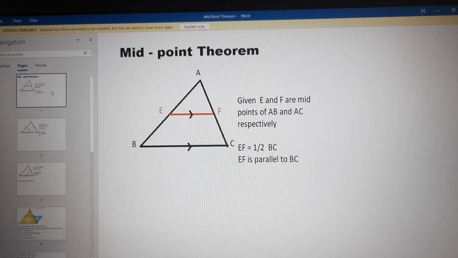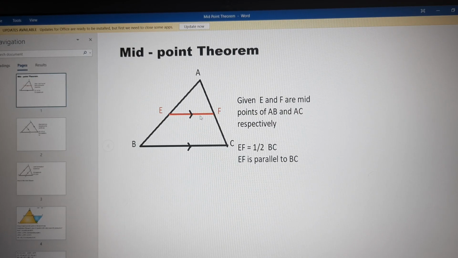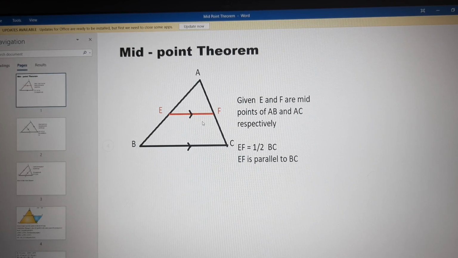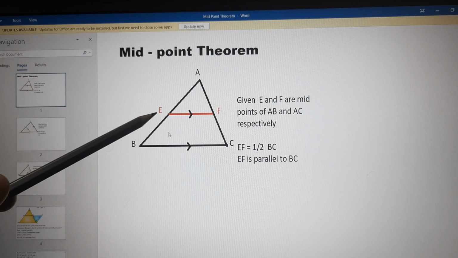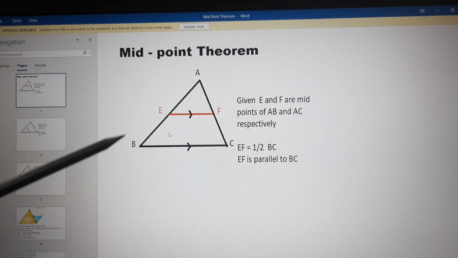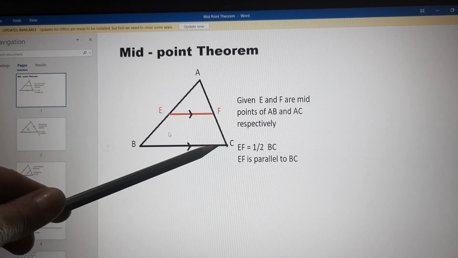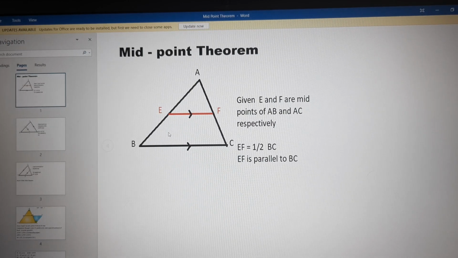In triangle ABC, E and F are the midpoints of the sides AB and AC. Clear? It is given that E and F are the midpoints of line segments AB and AC respectively in triangle ABC.